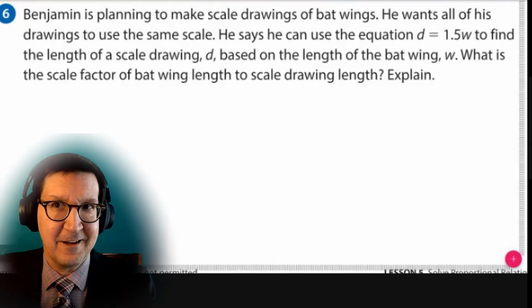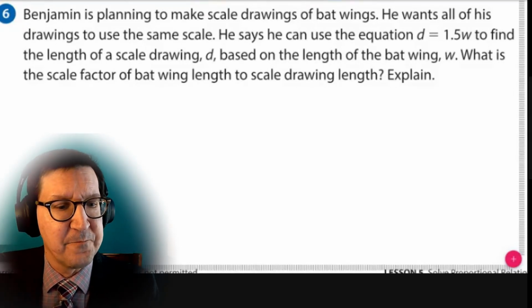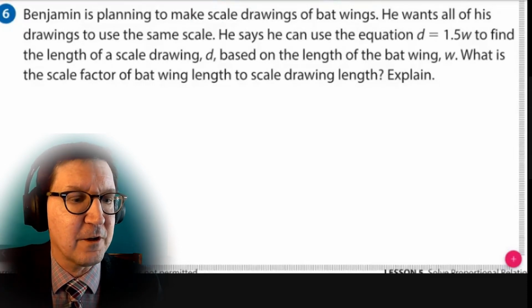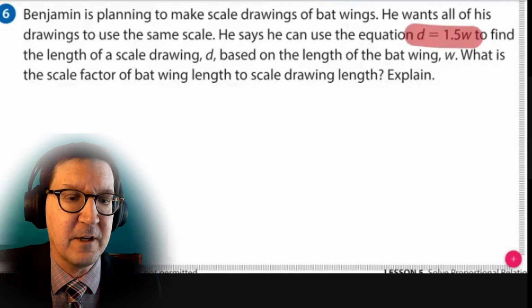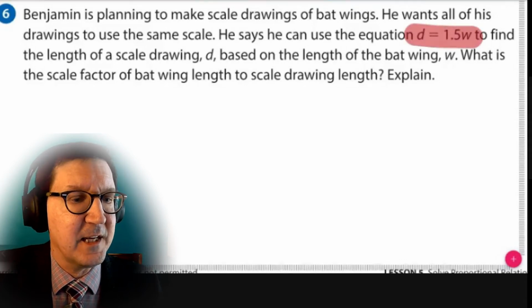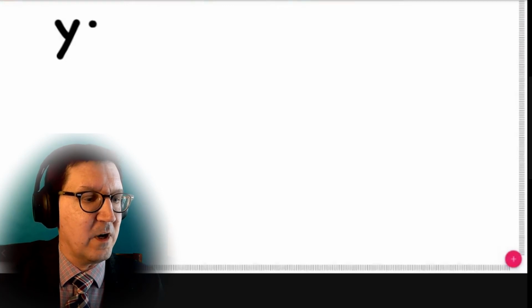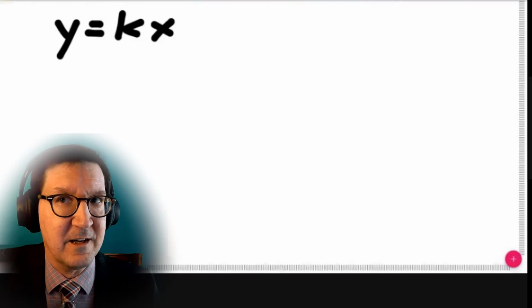Okay, welcome back. Here we are. So if you see that equation D equals 1.5W, that should look really familiar to you, right? Because that's set up the same way as our y equals kx setup, where we have the y, the constant of proportionality, and then the x.